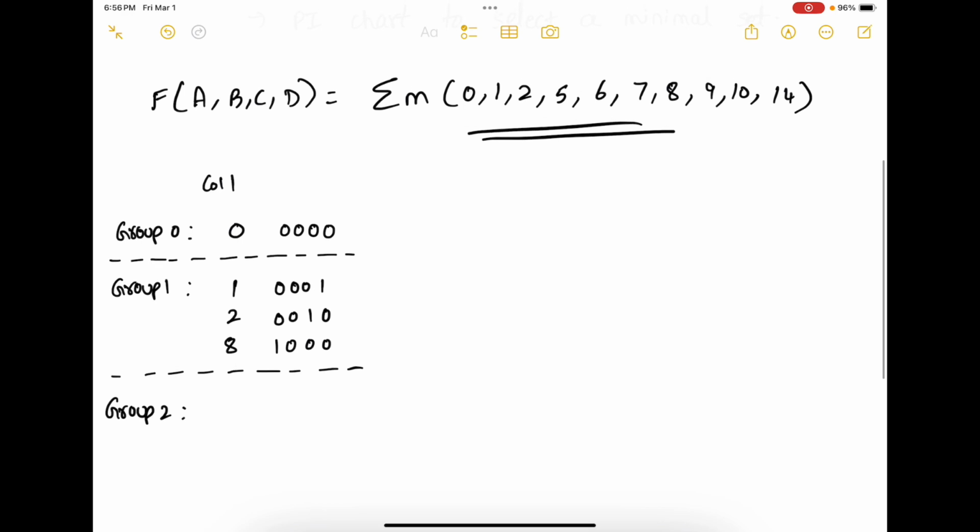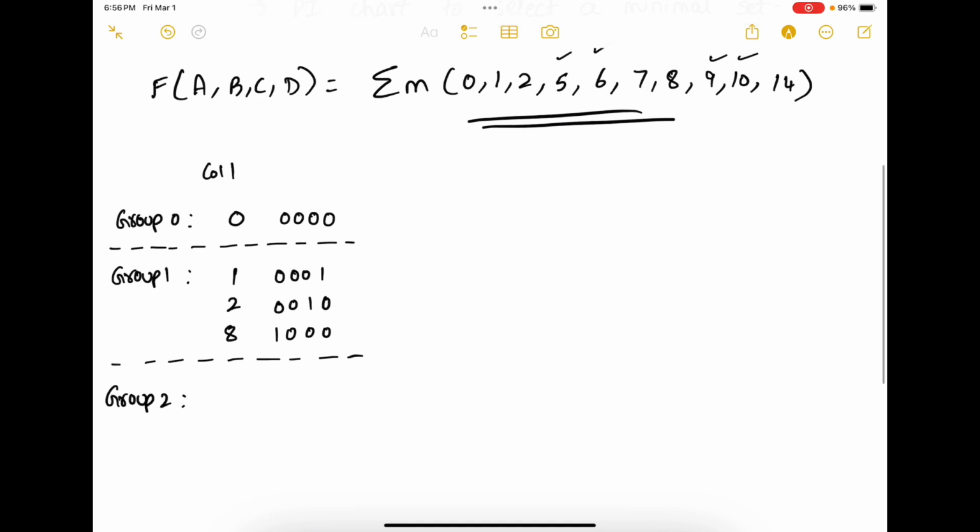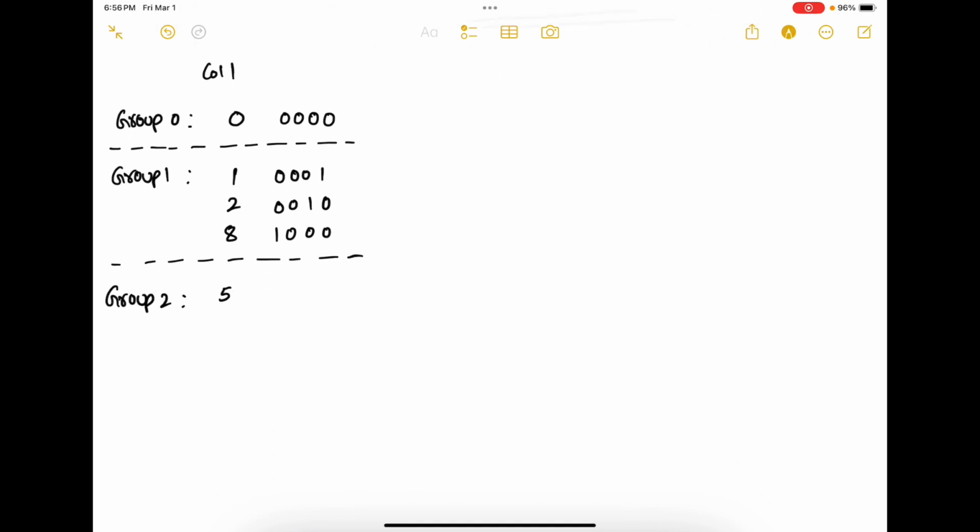In this case, the minterms which have 2 ones are 5, 6, 9, and 10. So write them down here. 5 is 0, 1, 0, 1. 6 is 0, 1, 1, 0. 9 is 1, 0, 0, 1. And 10 is 1, 0, 1, 0.